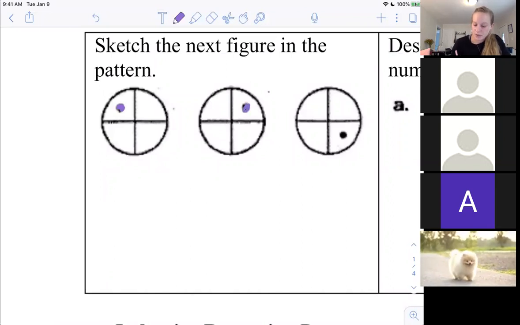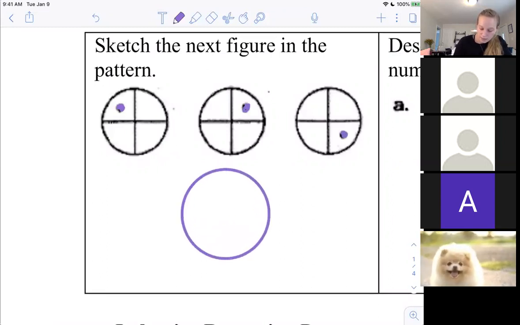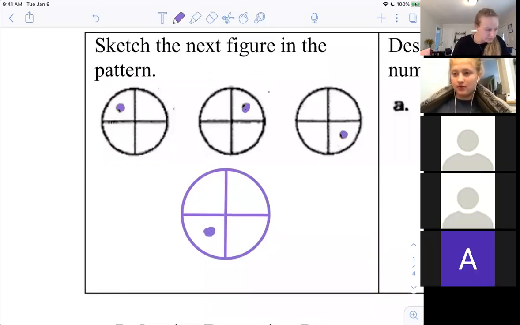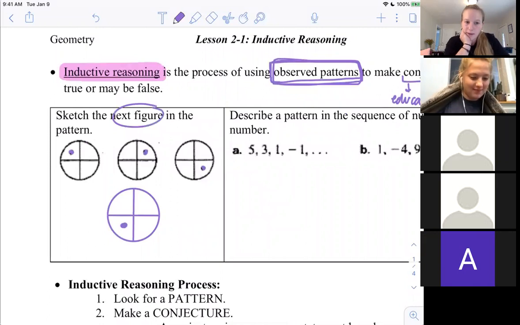The third one's a circle with 2 lines and the dot's in the bottom right quadrant. And now I'm going to have a circle with 2 lines. I think we all know that. Where's my dot going to be? The bottom left. Very good. Bottom left. So it just says sketch the next figure. I don't need to draw more than one. I just have one. So put it in the bottom left.